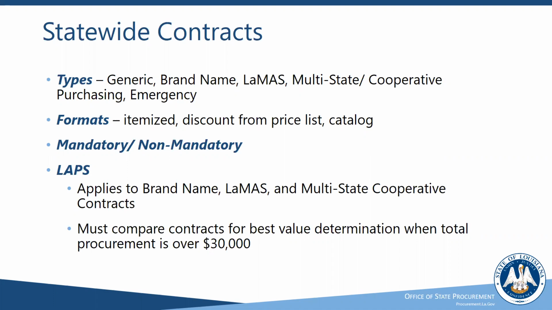If you are looking at a contract and are not sure, the first place to look in ECAT would be, or actually on the contract face itself too, there's a line for co-op. If it says yes on co-op, then you should be able to use it. If it says no, then that means that it's specific to a specific type of agency.